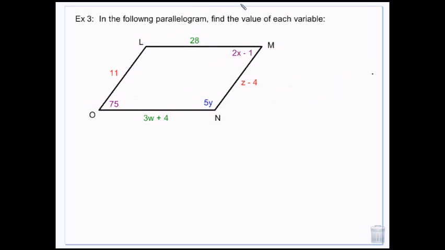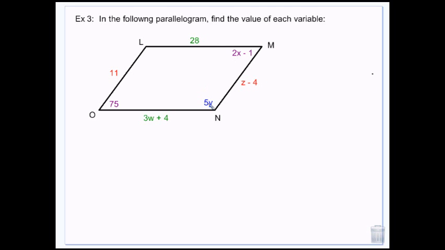Alright. Now, we've got some algebra to do. I was nice and I labeled these with color, the things that match. See how nice I was?